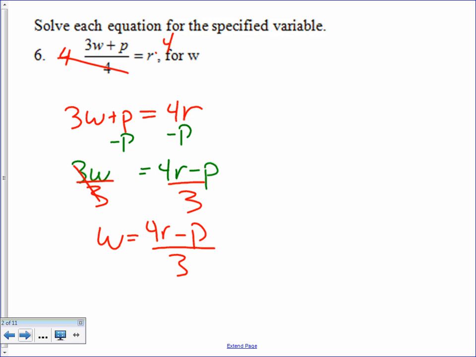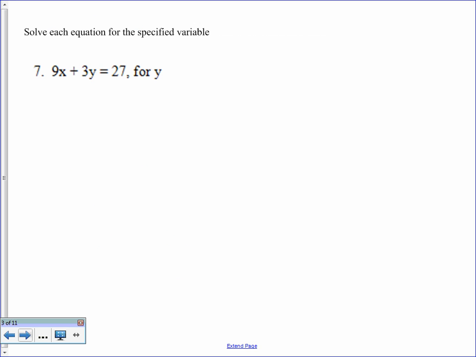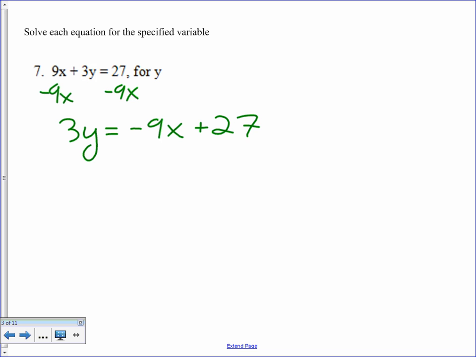Once again, I'm going through this quickly. If you need to see it again, rewind it. All right, for this one, solve for y. So I'm going to subtract 9x from both sides. And I always write my term with the variable first, like this, so that it's in the right form so if I ever had to take a test where I have to graph, it's already in this form from Algebra 1, slope-intercept form.